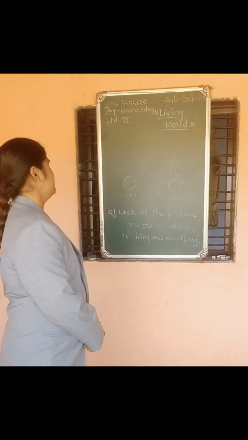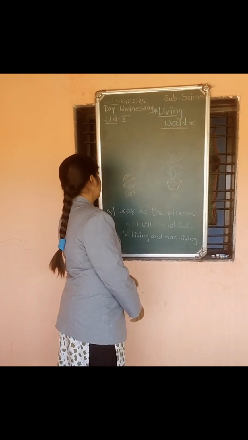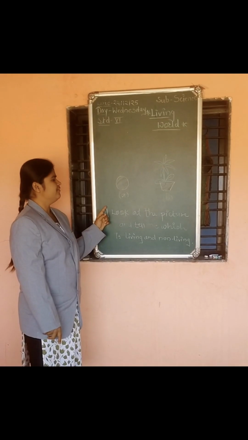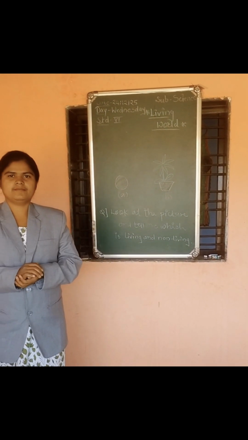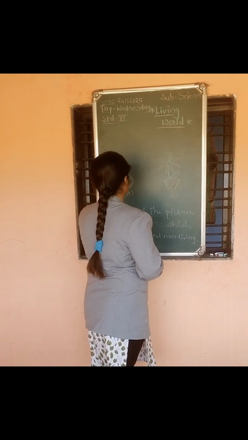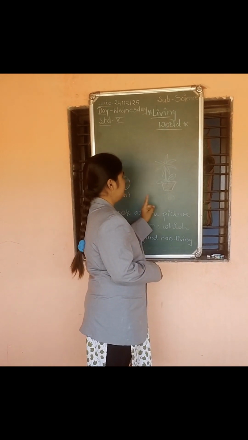Today we are going to learn about the living world. Look at the pictures and tell me which things are living and which things are non-living. Here a ball is the non-living thing and the plant is the living thing.